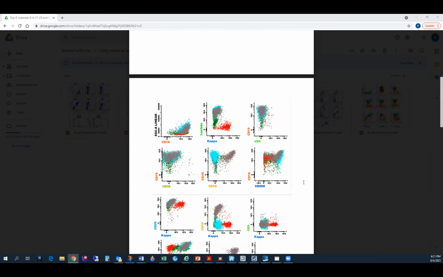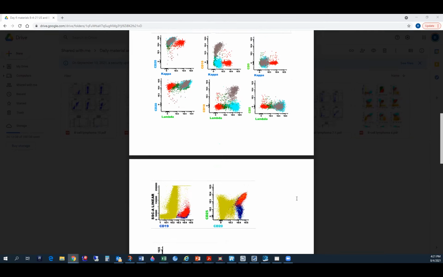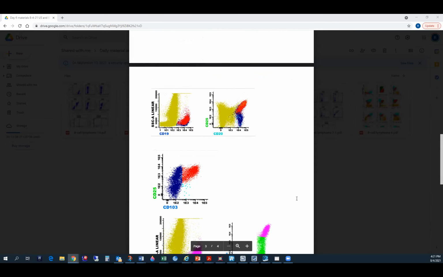And there are 5 negative, 38 negative, 10 positive, 200 positive. There are 20 positive, so it's definitely a B lymphoma. And then if I keep going, their lambda restriction is as we established before.